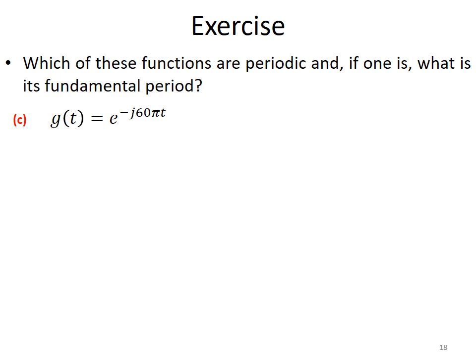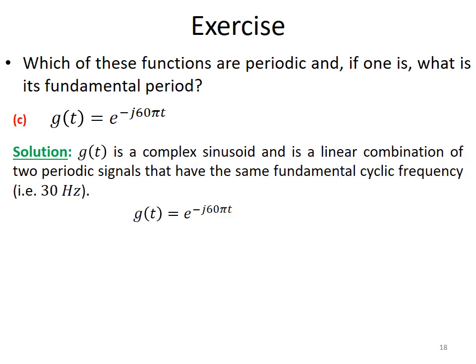We know it is a combination of sine and cosine functions, so we can rewrite this complex exponential function using Euler's formula as g of t equal to cos 60 pi t minus j sin 60 pi t.